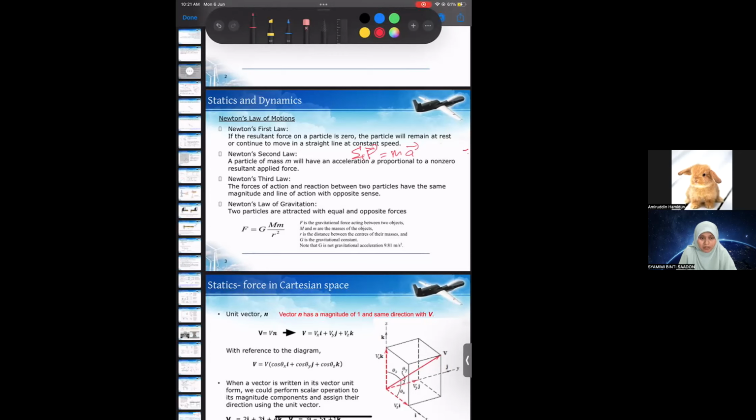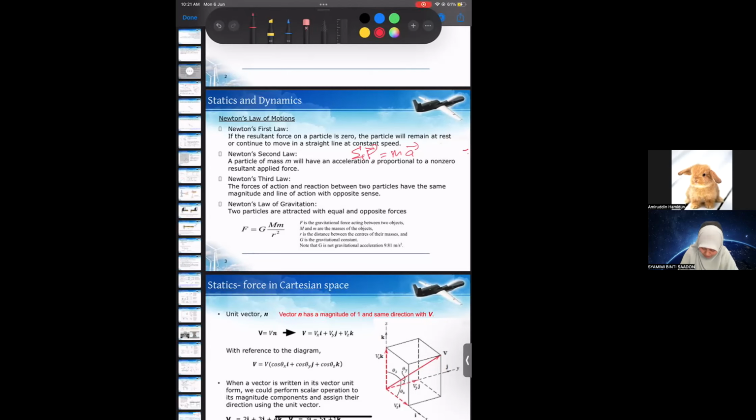The third law: the forces of action and reaction between two particles have the same magnitude and line of action with opposite sense. What does this mean? If you put a force on a particle between two particles, there will exist another force with the same magnitude but in the opposite direction.